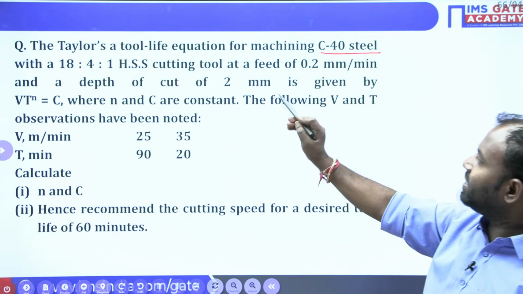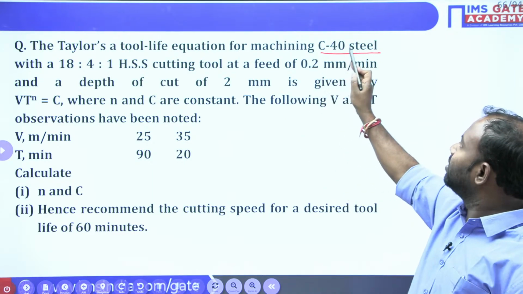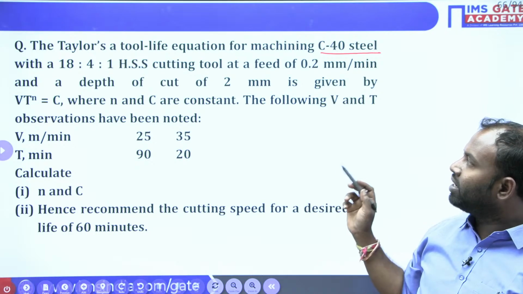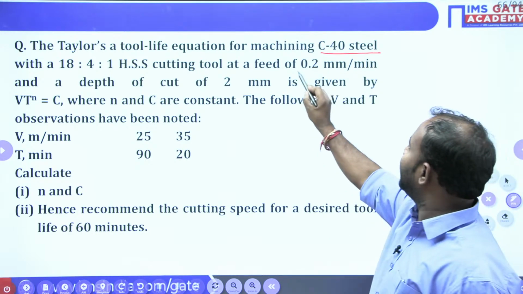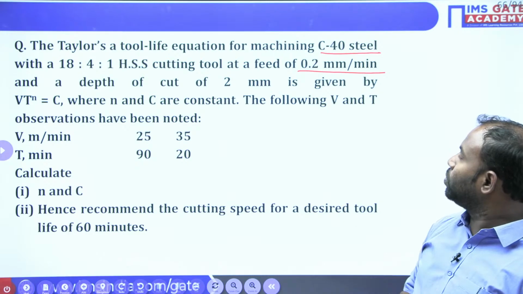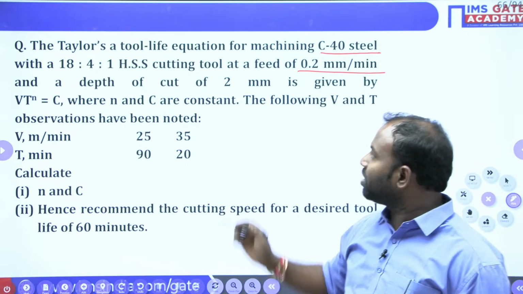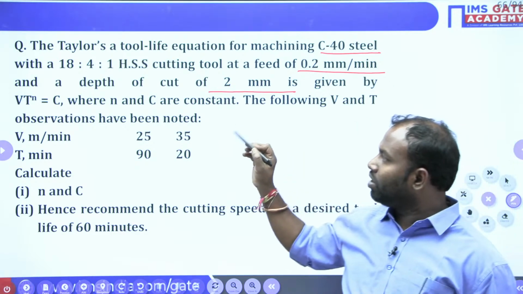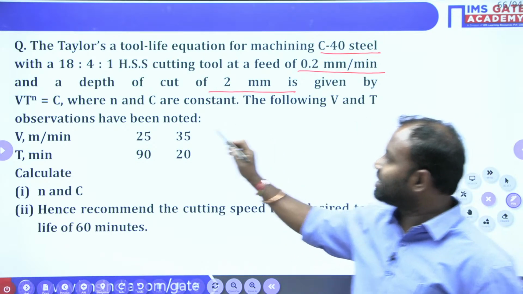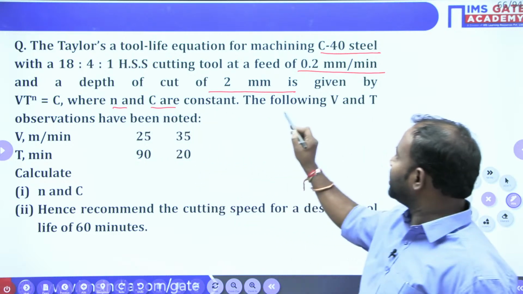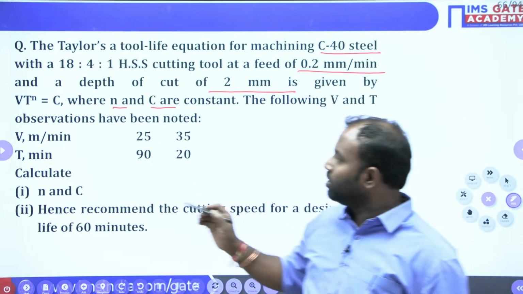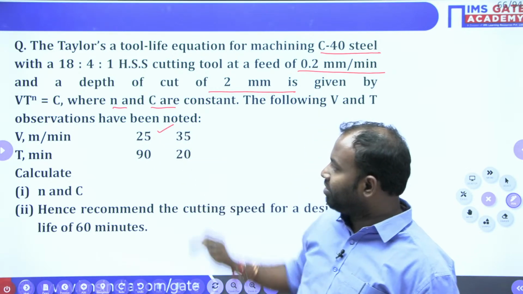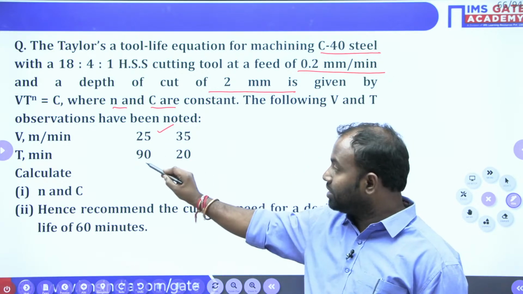Taylor's tool life equation for machining C40 steel with an 18:4:1 HSS cutting tool at a feed rate of 0.2 mm, and the depth of cut is 2 mm, is given by V t power n equals C, where n and C are constants. V is going to vary like this: suppose cutting speed is 25 meters per minute, then the tool life is 90 minutes.